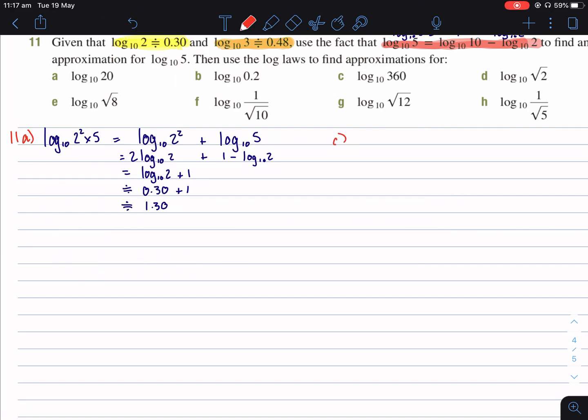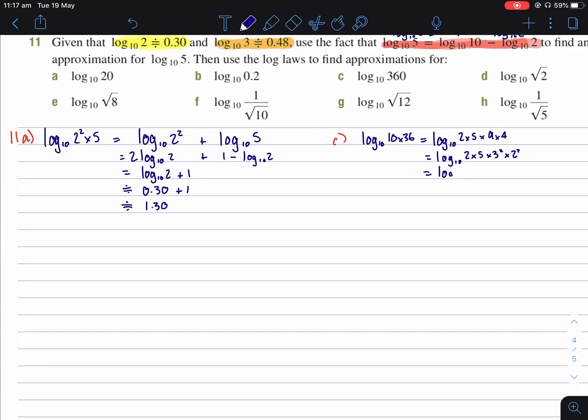C, log base 10 of 360. Well, that's the same as 10 times 36, which is the same as 2 times 5, and the 36 is 9 times 4, which means I've got the same as 2 times 5 times 3 squared times 2 squared.